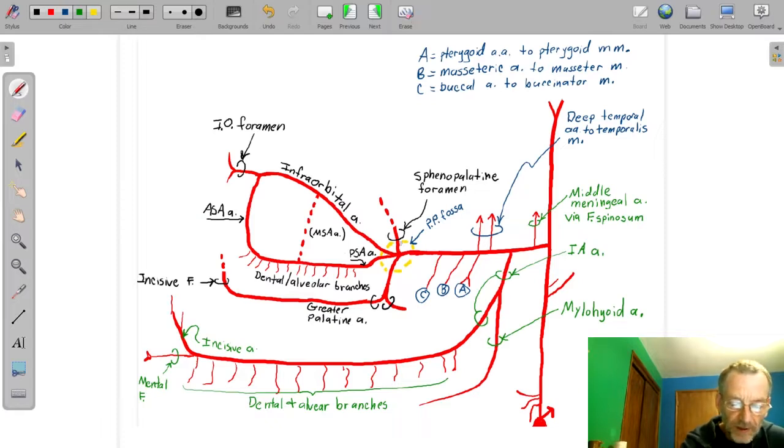And what we're left with are the other 2 branches, the infraorbital, which enters through the inferior orbital fissure, travels through the orbit, enters into the infraorbital canal, which runs sort of something like this.